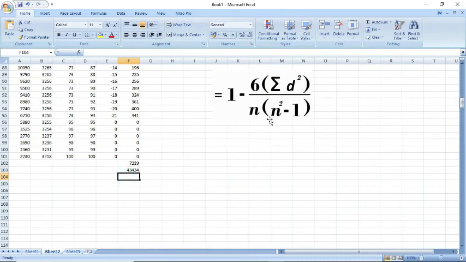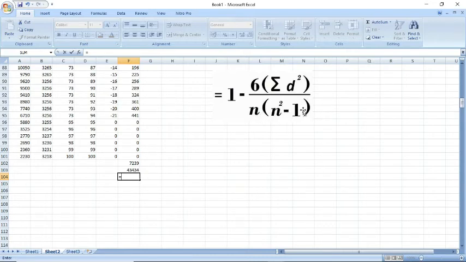Then this is n. How many numbers are we dealing with? This is 100. It means 100 raised to power 3 minus 100. When you open the bracket, it becomes n raised to power 3 minus n.